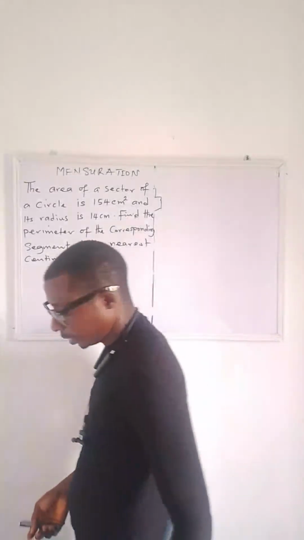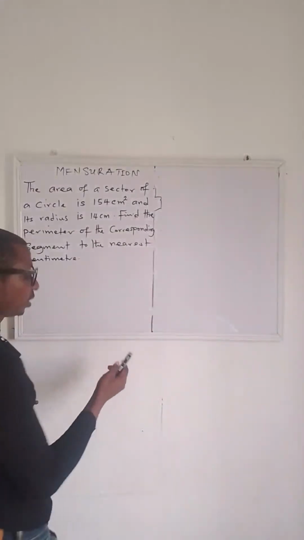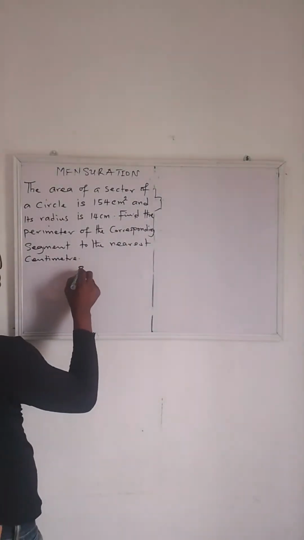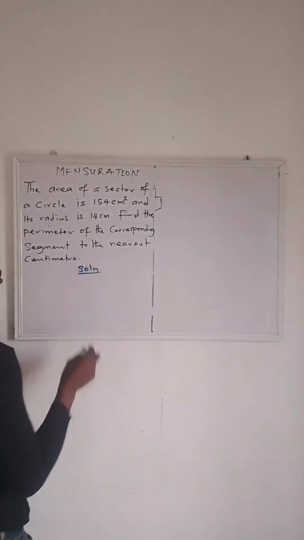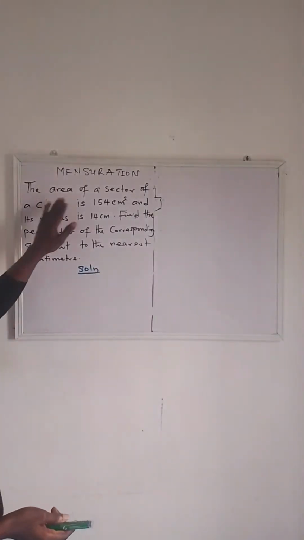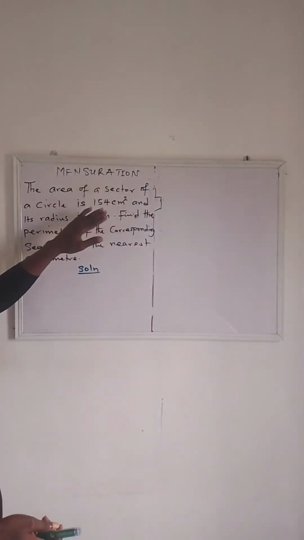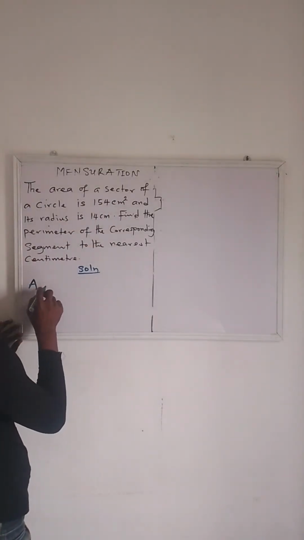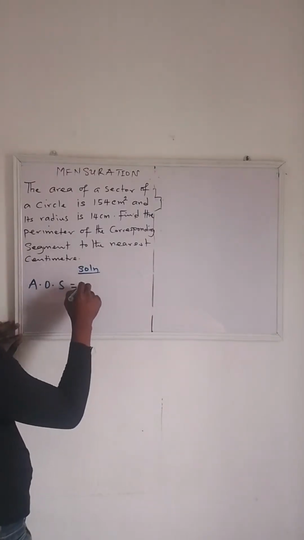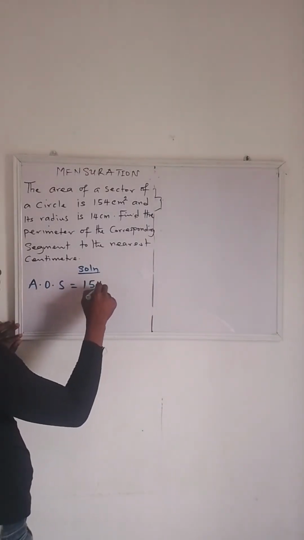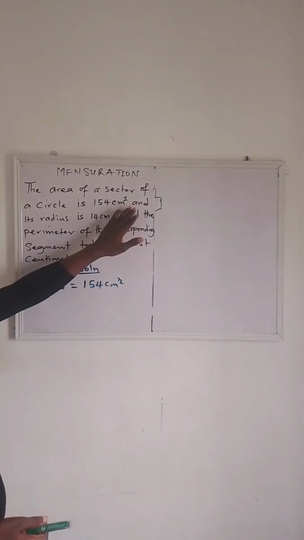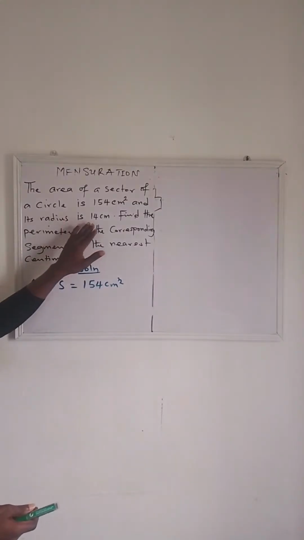Now in the question, let's list what we are given. We are given area of sector to be equal to 154 centimeters square, and its radius is 14 centimeters.